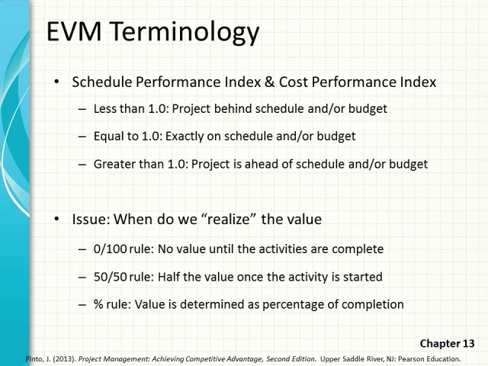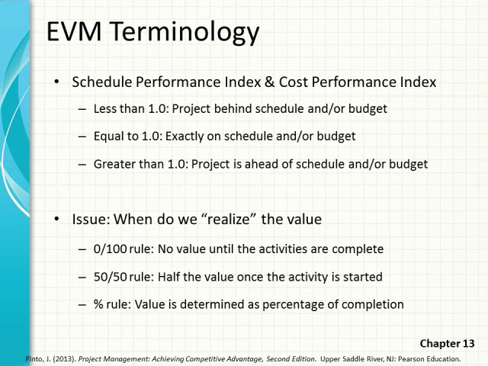The issue here is, when do we realize the value? Both of these calculations take earned value as part of it. So when do we actually say we've earned the value of those activities? There are a couple of rules, and the important thing here is that everybody in this system of projects, in the system of activities, agrees to the same rule.